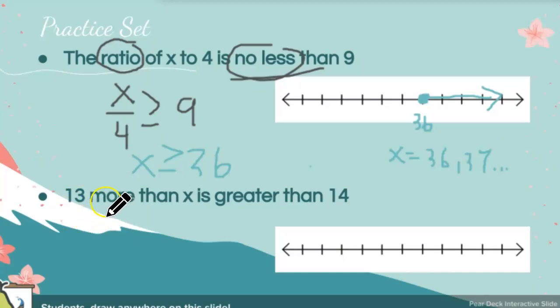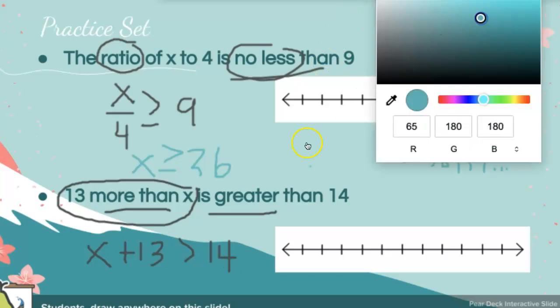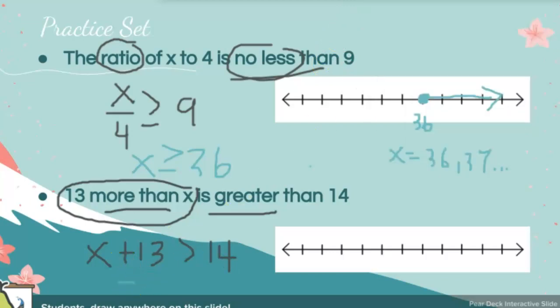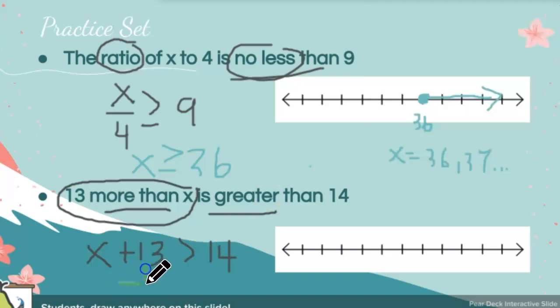If you say 13 more than x, remember what we've done in equations? So that's x plus 13. It's greater than 14. So now we're going to subtract 13 from both sides.